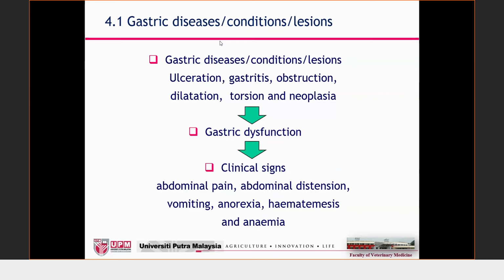Vomiting you can observe. Abdominal pain you can probably observe from the patient, but auscultation might give you some indication of these gastric abnormalities.